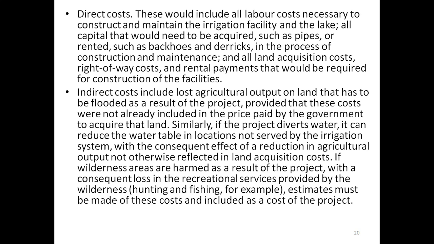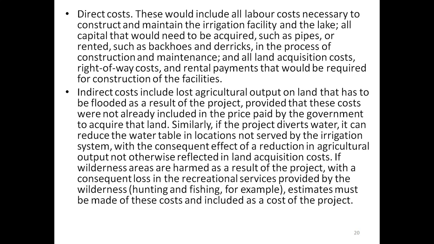The indirect costs include lost agricultural output on land that has to be flooded as a result of the project, provided that those costs are not already included in the price paid by government to acquire that land.